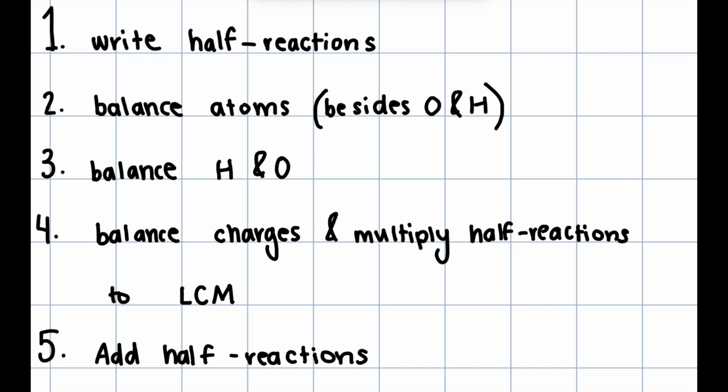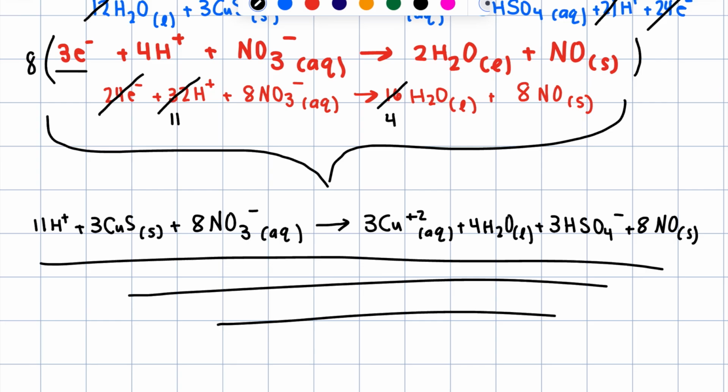Then we balanced the charges and multiplied the half reactions to their least common multiple, and we added the half reactions and canceled out anything that was redundant in the equations to find the final reaction. And again, our final balanced reaction was 11 hydrogens plus 3 copper sulfides plus 8 nitrates will react to form 3 copper 2 ions plus 4 waters plus 3 hydrogen sulfates and 8 nitric oxides.